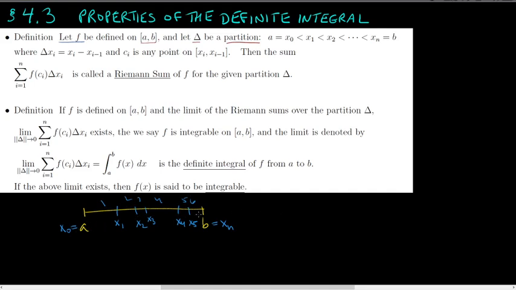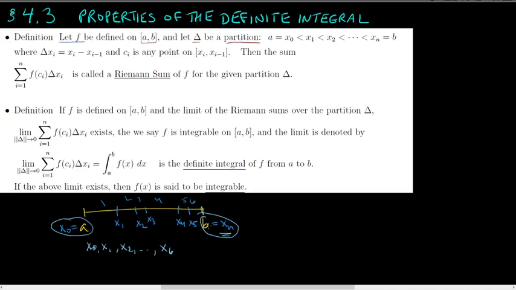So that's what we mean by a partition. A partition is just all these x values here, right? So from x0, x1, the dividing points up to x6, or xn in general. And that has to be your b, right? So b has to be xn and a has to be x0. We're starting at 0 because otherwise you'd have one less than that.